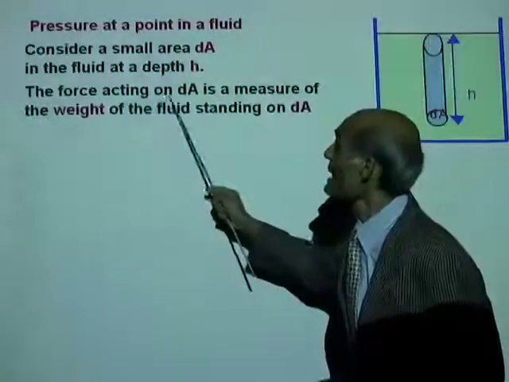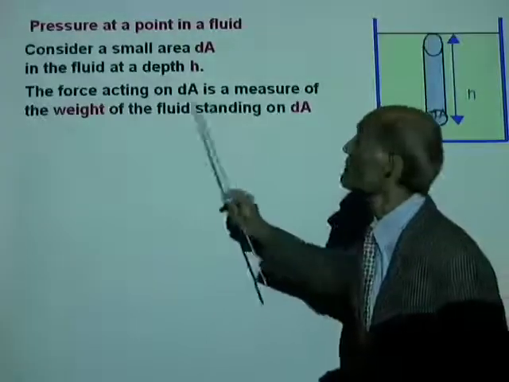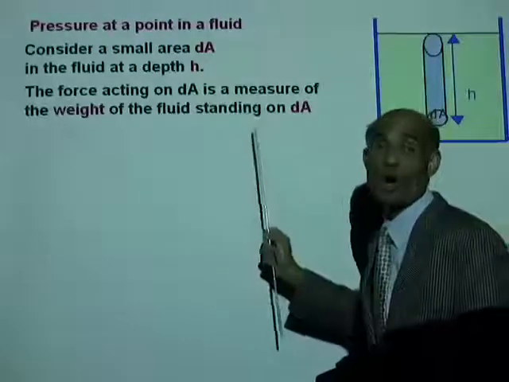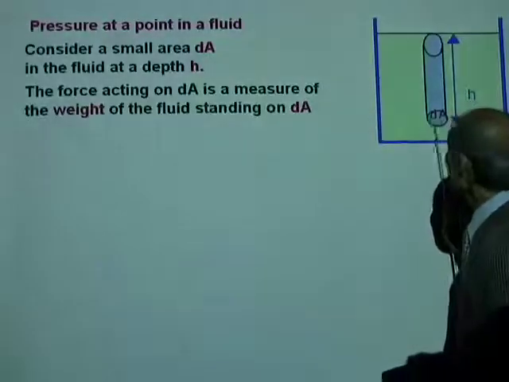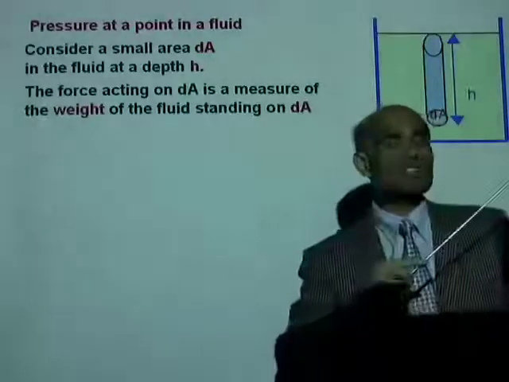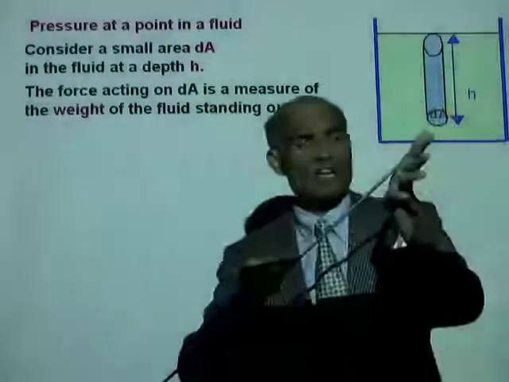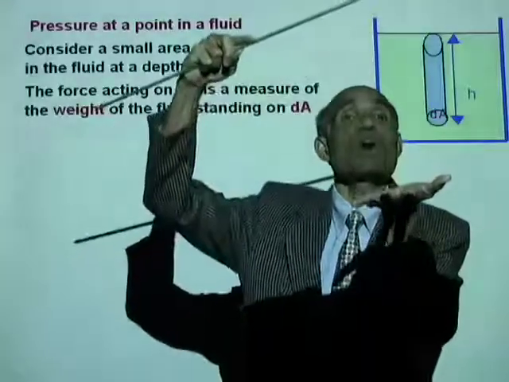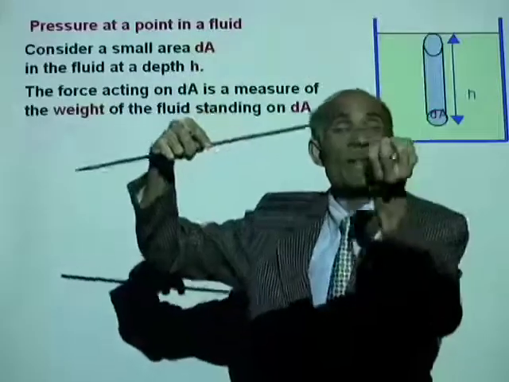The force acting on dA is a measure of the weight of the fluid standing on it. If this is a circular area, you can imagine a tube of liquid standing on that area.